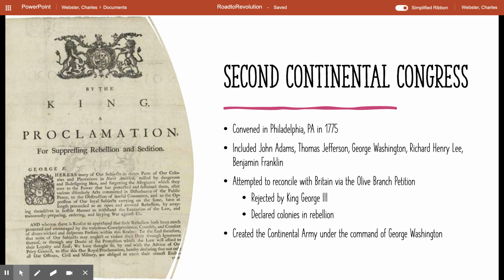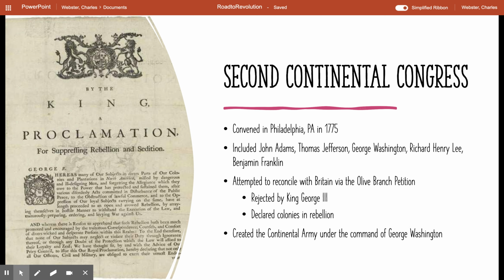How do they deal with what's going on? So they attempted to, at first, reconcile or make peace with Britain. And they wanted to do this through the Olive Branch Petition, right? But this petition asking for peace was rejected by King George III.